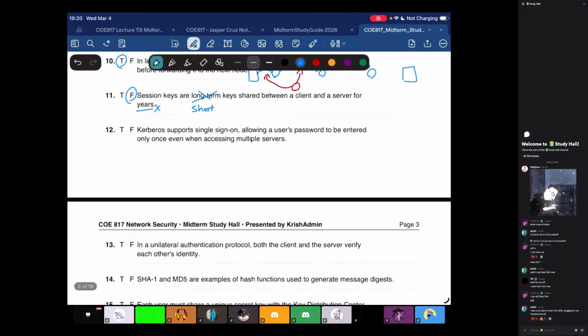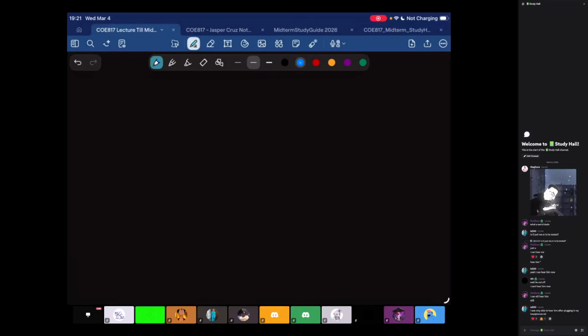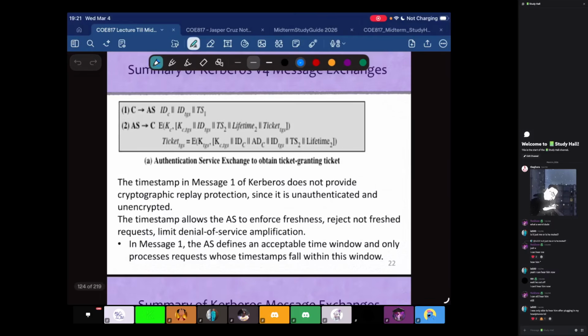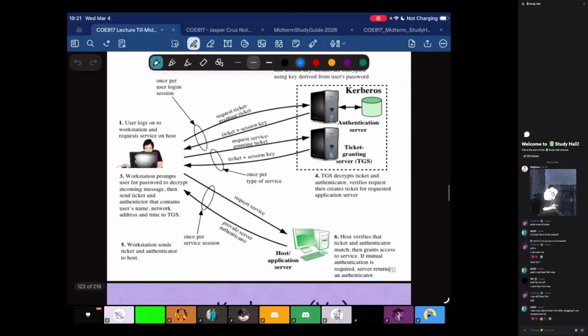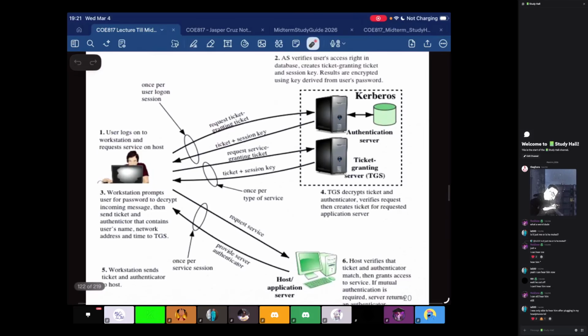Okay, next question. Kerberos supports single sign-on, allowing a user's password to be entered only once, even when accessing multiple servers. This statement is true. Just to give everyone who might not have seen what Kerberos looks like, this is what Kerberos entails. The question that I just read is referring to this interface.